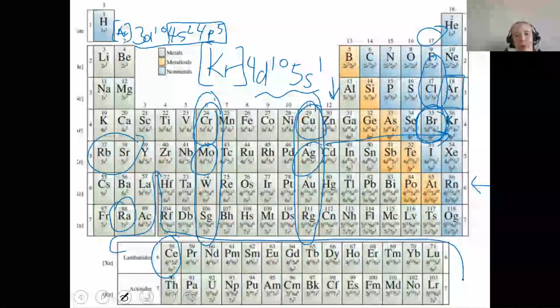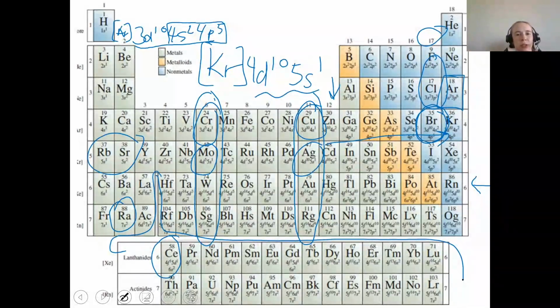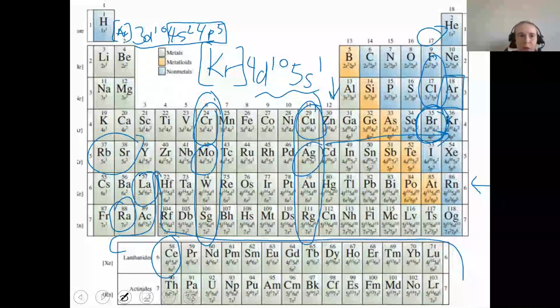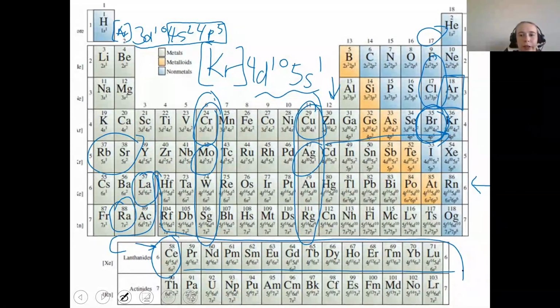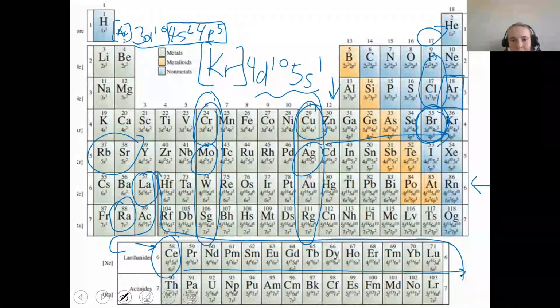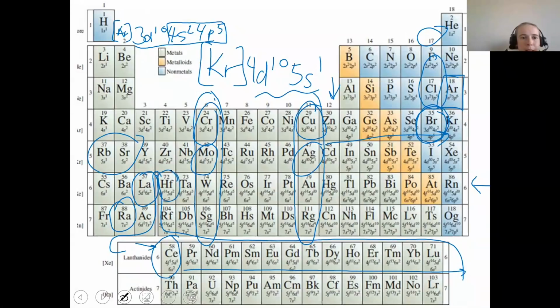If we look at the elements on the periodic table, and not just an empty graphical version of the periodic table, we've got lanthanum, which is the beginning of the lanthanides. So lanthanum, and then after that we get cerium and the rest of the lanthanides, which then jump back into here.